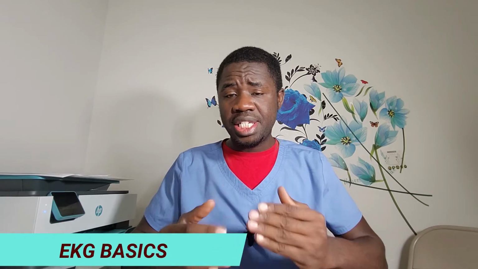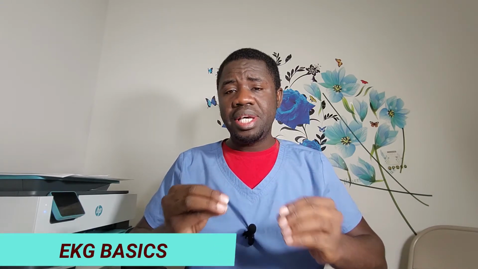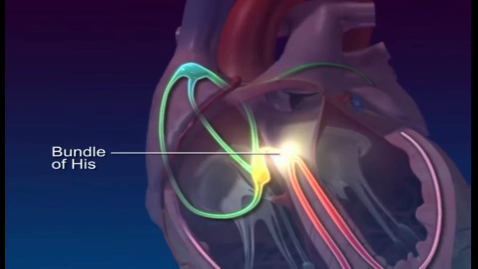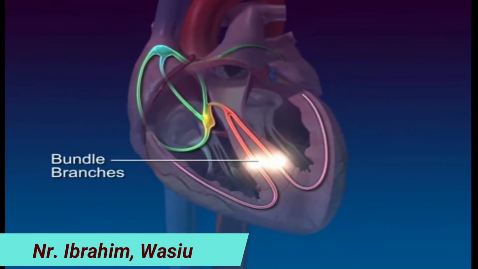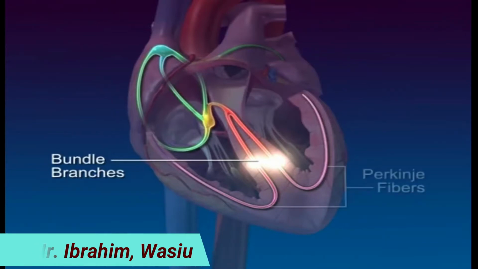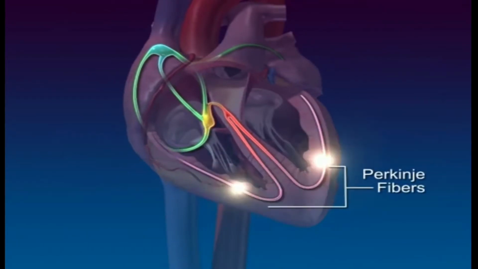We also have the QRS complex. The QRS complex represents ventricular depolarization. That is when the ventricles are contracting. So during this period, the AV node has already sent electrical impulses to the bundle of His. The bundle of His has also sent electrical impulses to the Purkinje fibers to allow for ventricular contraction.